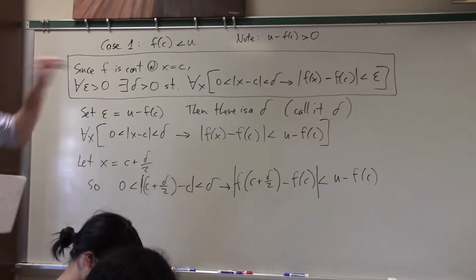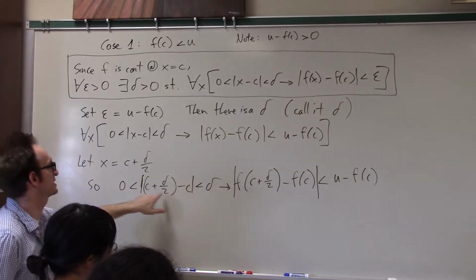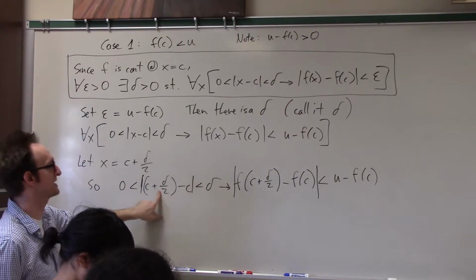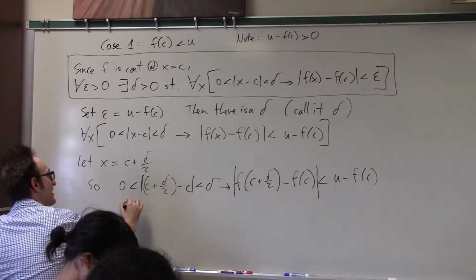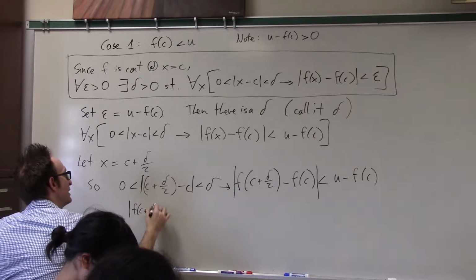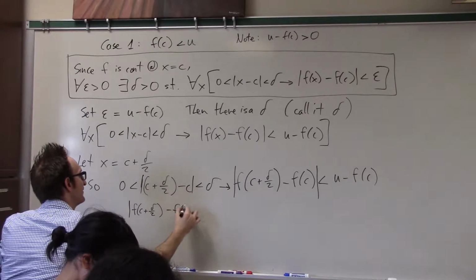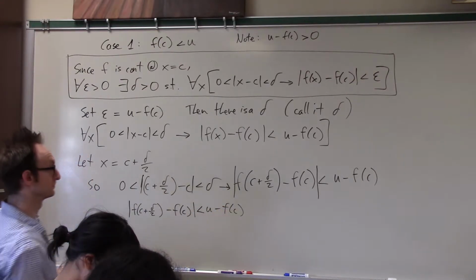It's just straight up working the quantifiers, right? And of course this is true, this just says delta over 2 is less than delta, which is true. All right, so what do I have? I currently have that the absolute value of f of c plus delta over 2 minus f of c is less than u minus f of c.